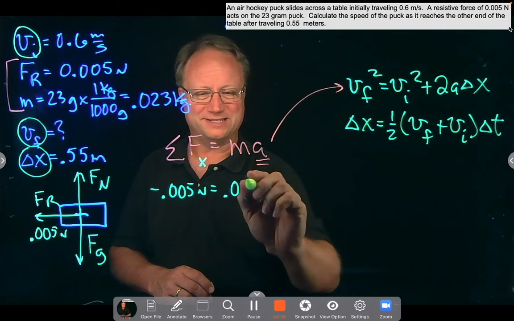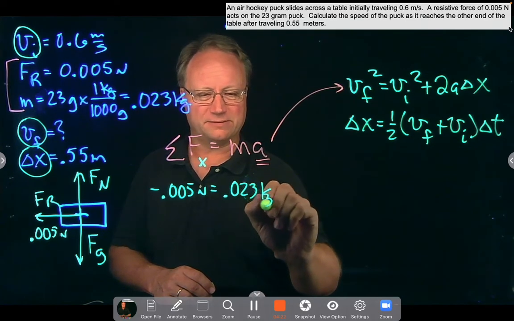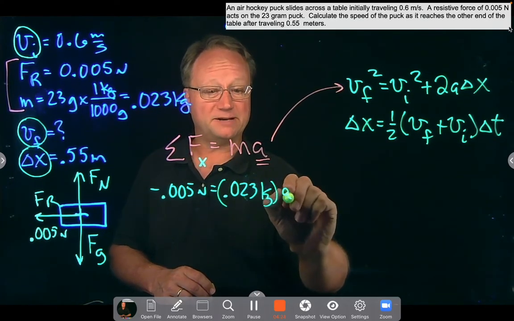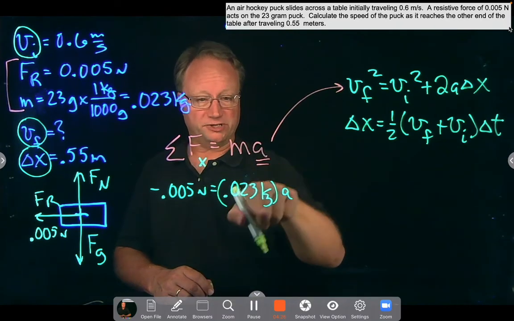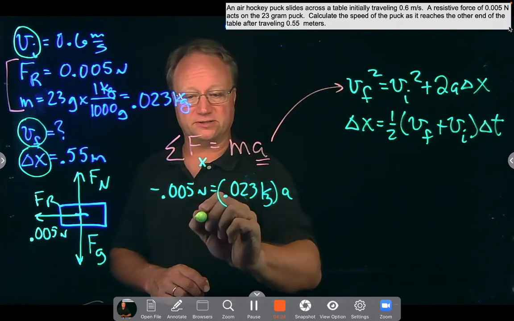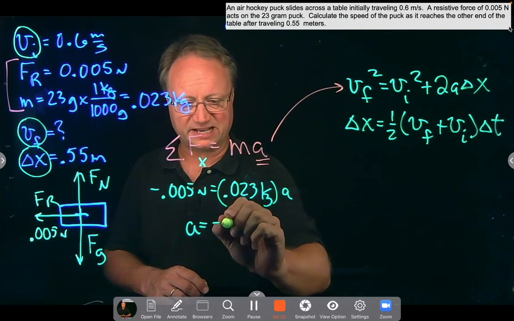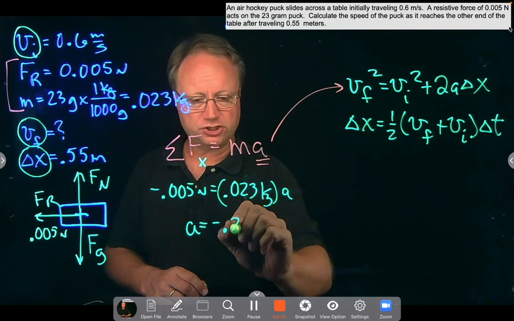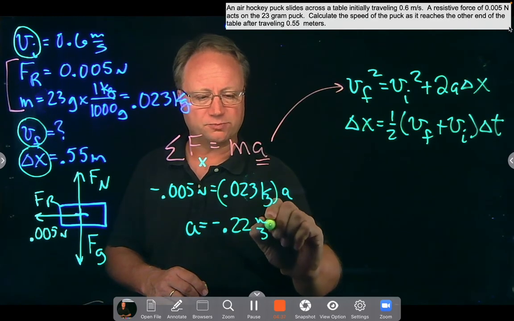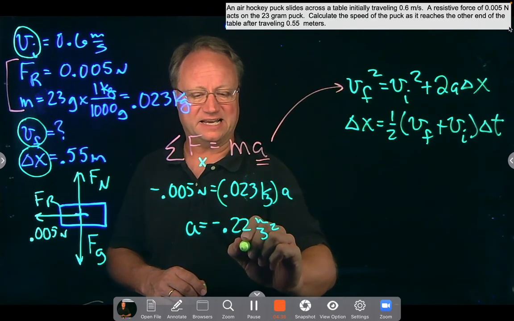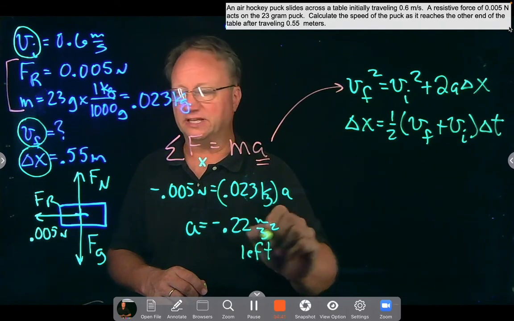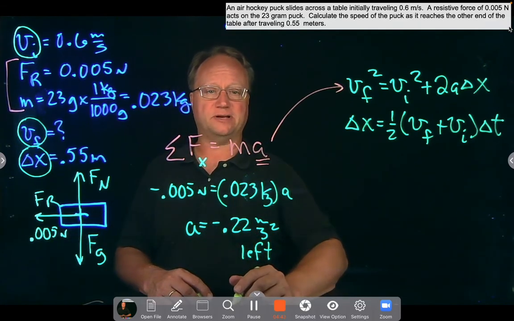How about 0.023 kilograms multiplied by A? When we divide the 0.023 to the other side, we get an acceleration value of negative 0.22 meters per second squared. That negative means it would be to the left based on how we've diagrammed it.